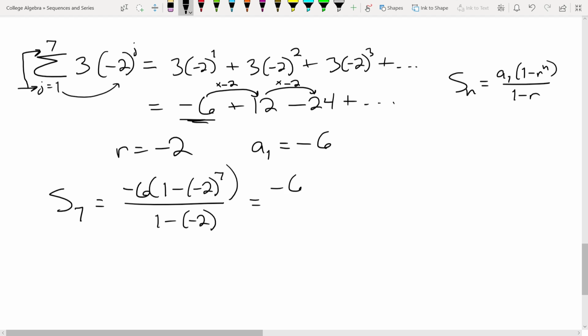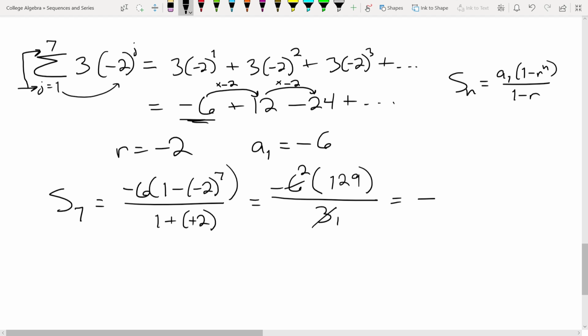We get -6 times 2 to the 7 is 128, and then that's going to be negative, so negative and negative is positive, so we get 1 plus 128 becomes 129. These two negatives cancel, and we get 3 on the bottom. Of course, that reduces with that to 2.